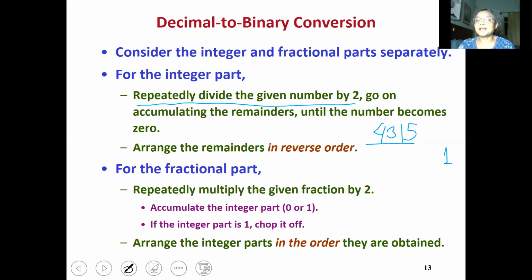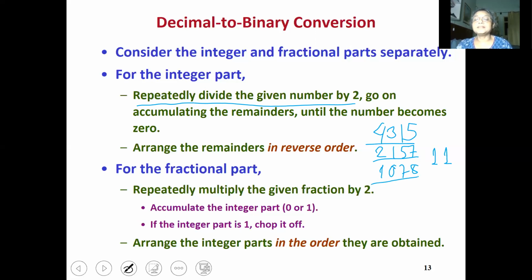And the rest of the number is, when I divide by 2, what is the quotient? The quotient is 2157. So the rest of the number is 2157. And now to get the second bit from the right, we can again divide by 2. The remainder is 1. And then we will have a quotient which is 1078.